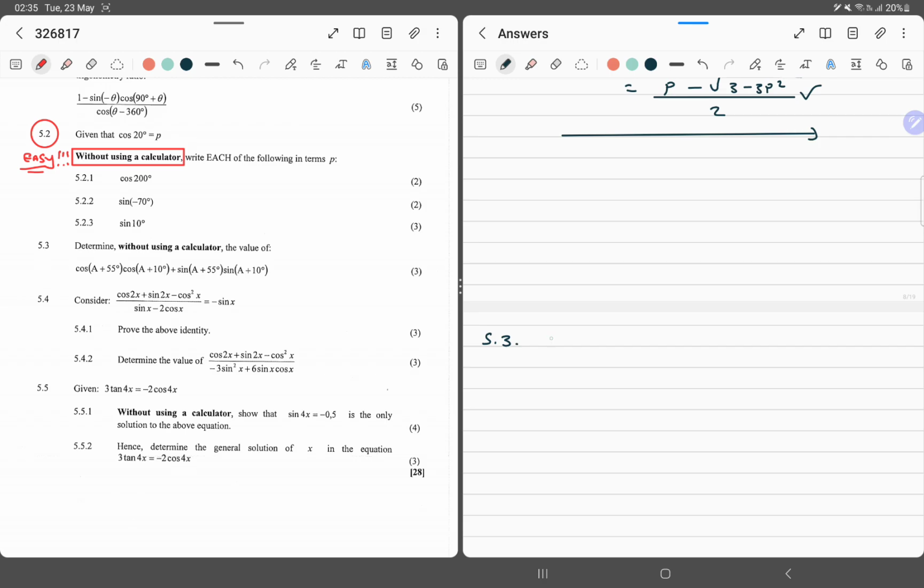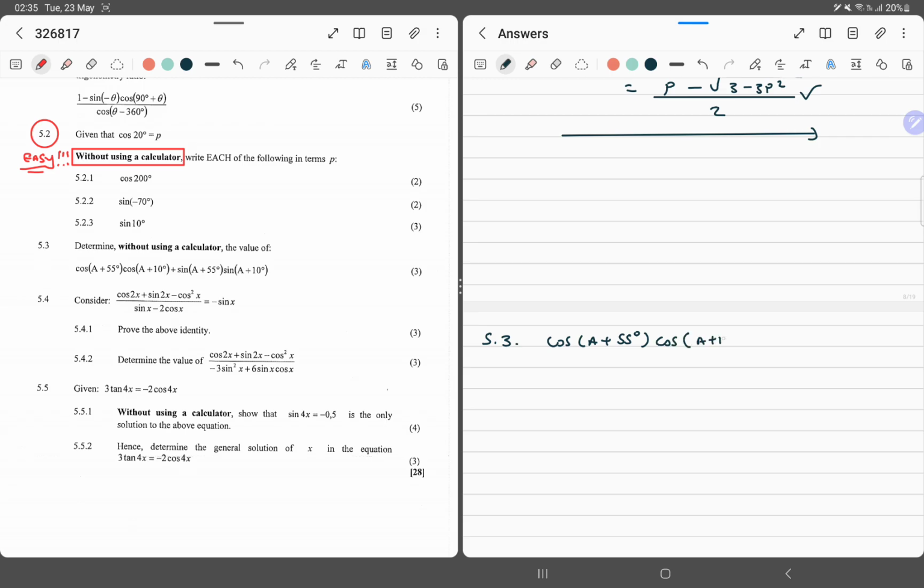Attend class. So we've got cos of A plus 45 degrees, A plus 55 degrees.